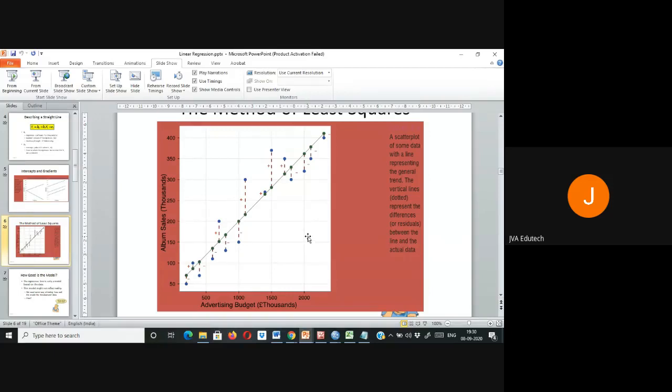Now you can see that the entire prediction is across this line, but there are some deviations from this line.